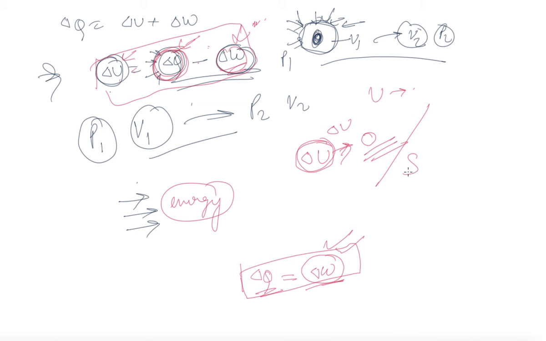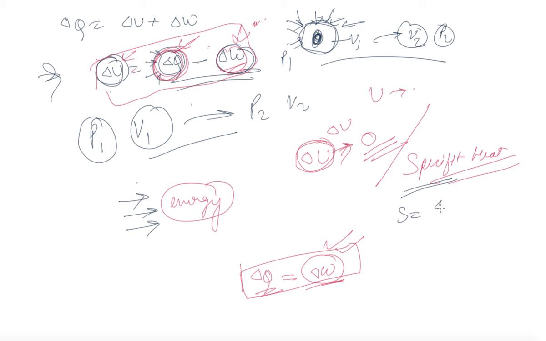Now we already have discussed what is specific heat. This is another concept that we will require in order to understand and do calculations in thermodynamics. So let's have a quick recap.